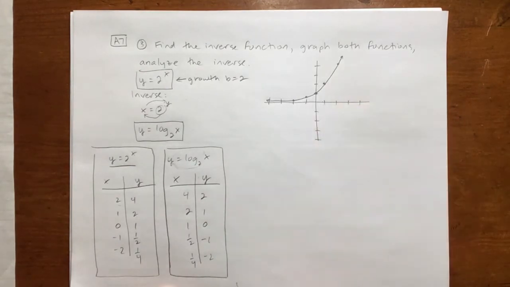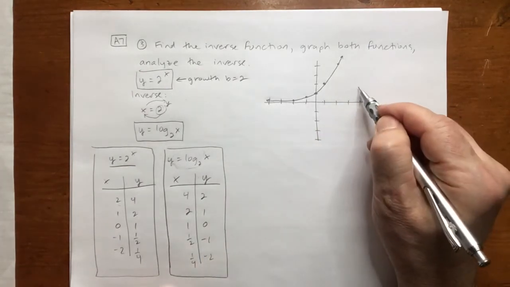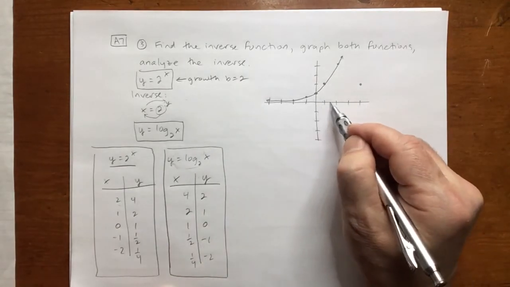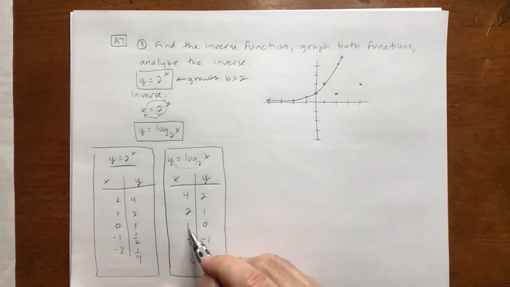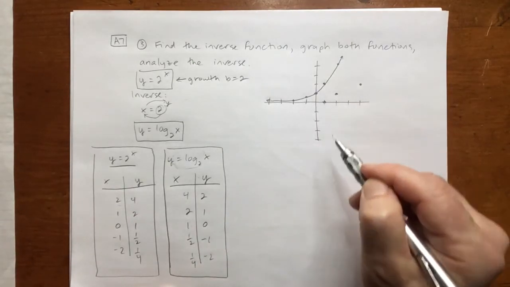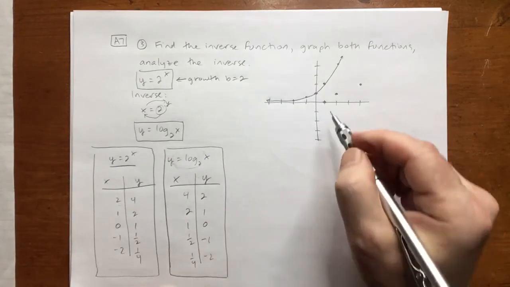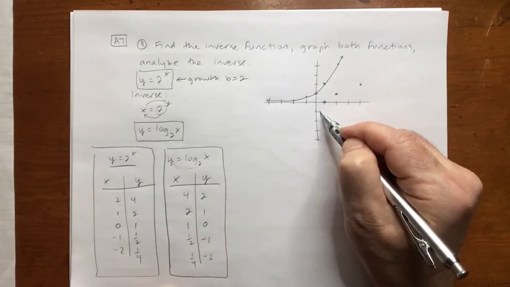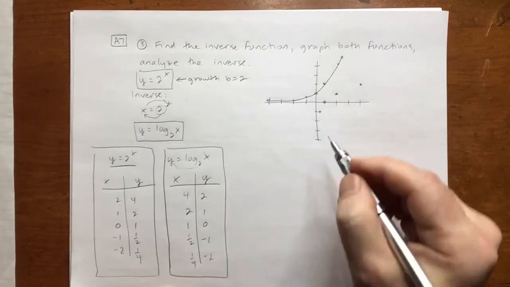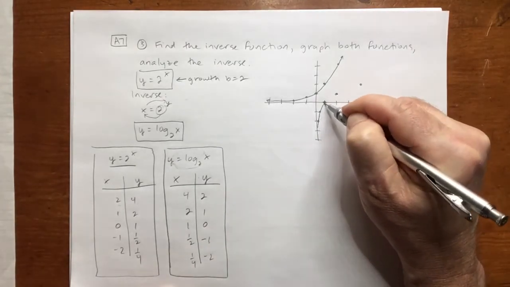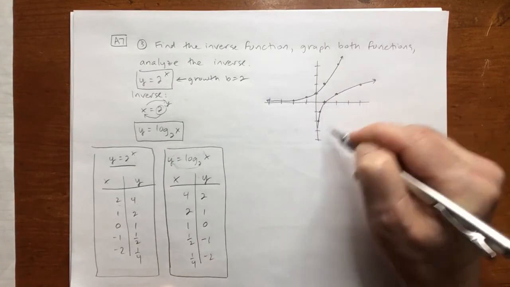the inverses of all of those points: 4, 2, 2, 1, 1, 0, 1/2, -1, and 1/4, -2. So we see our first logarithmic graph.